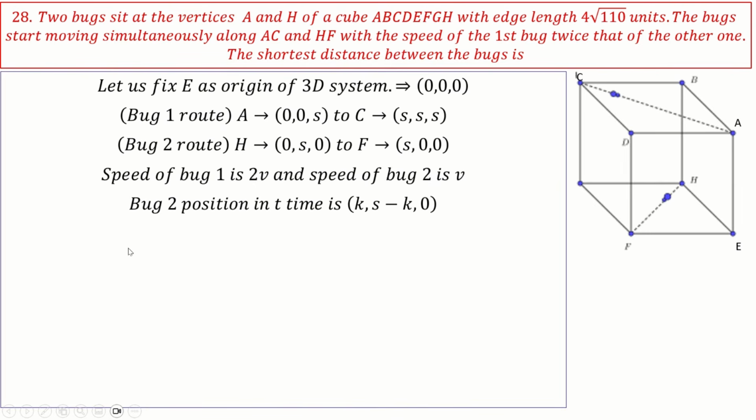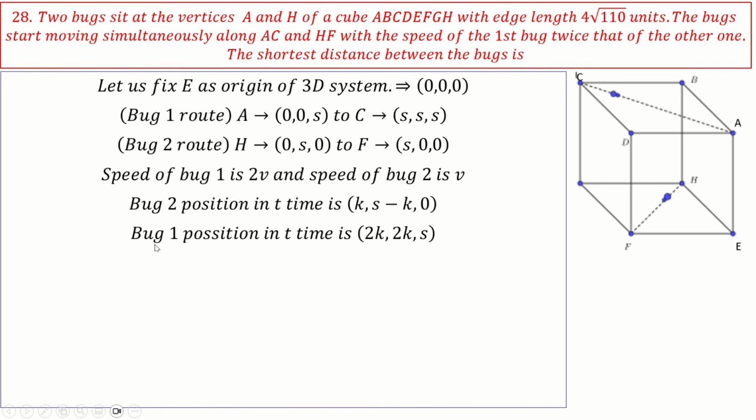So bug 2's position in time t: with a velocity of v, it can travel some distance k, correct? So the x coordinate will increase by k and the y coordinate will decrease by k, that is, S minus k.